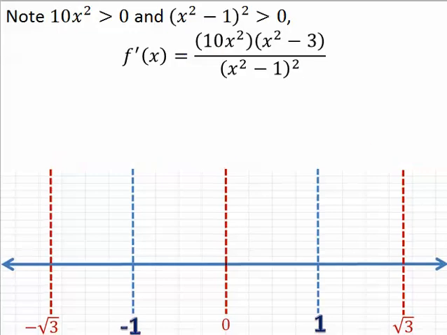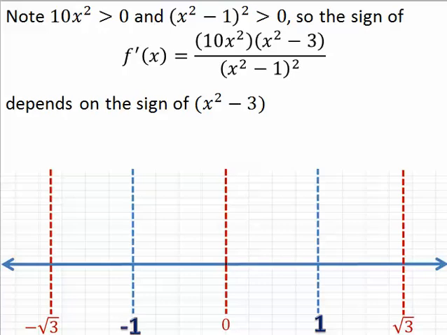On each interval, we need to determine if f prime is positive or negative. Notice that 10x squared and x squared minus 1 quantity squared are both positive. The only factor left is x squared minus 3. So the sign of the first derivative depends on the sign of x squared minus 3. So we ask ourselves, where is x squared minus 3 positive, and where is it negative?